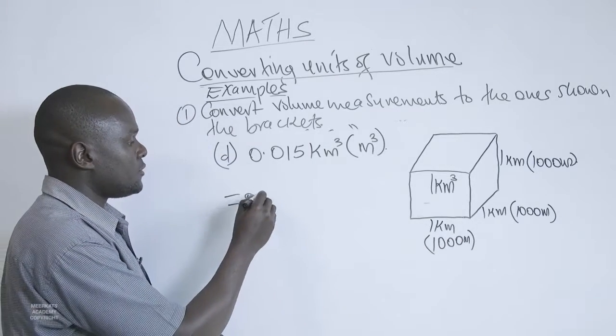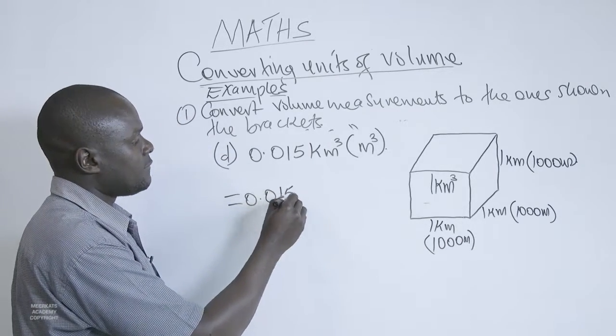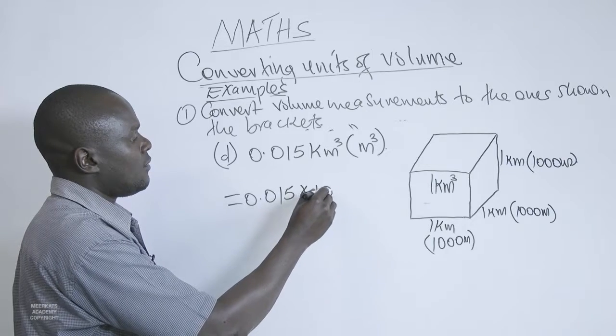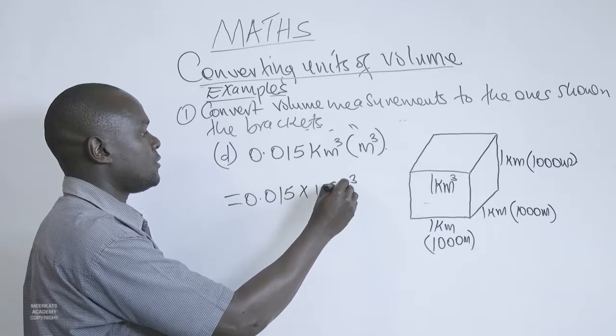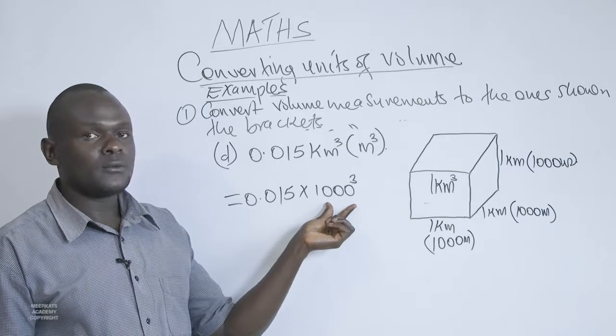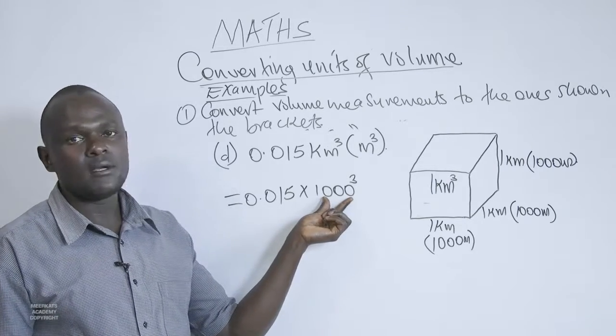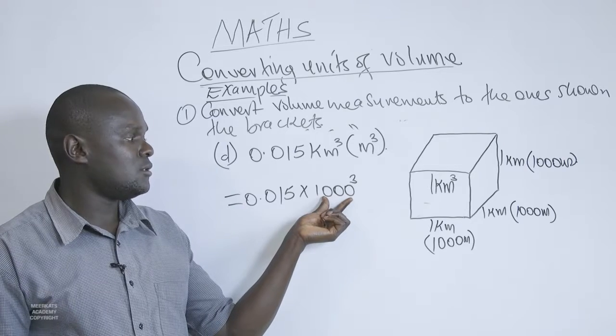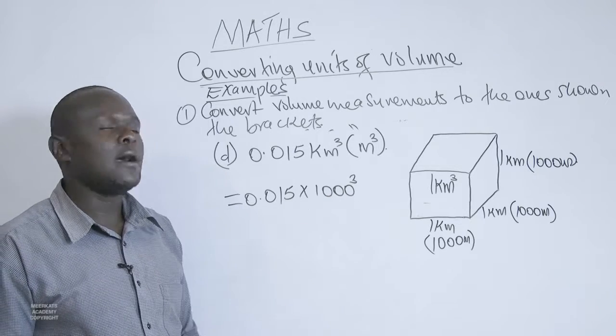This will be 0.015 multiplied by 1,000 cubed, or 1,000 raised to power 3. This number is a big number. 1,000 raised to power 3 is equivalent to 1 billion.